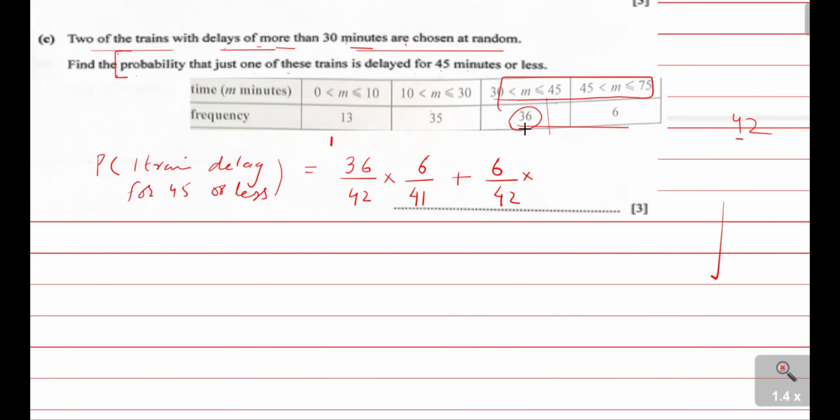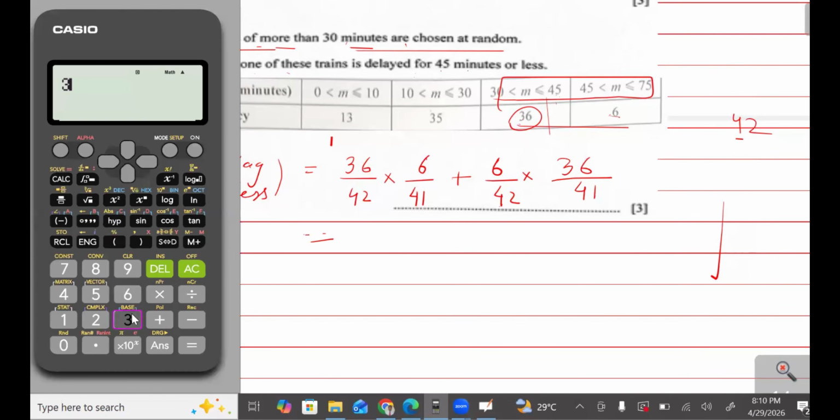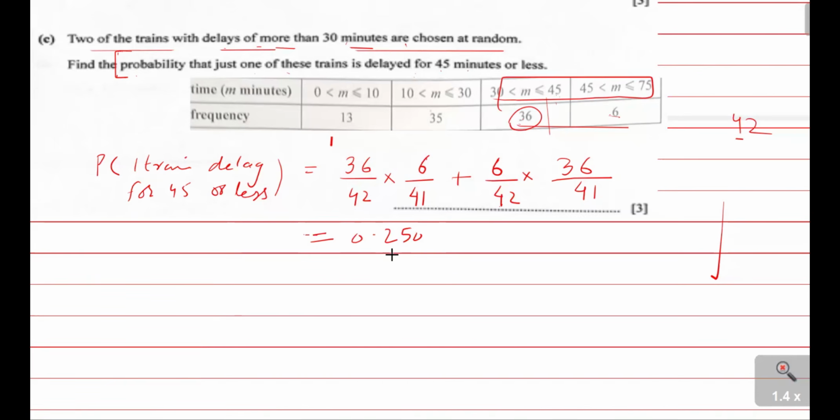Here there are 36 trains out of total 42, but one of the trains is selected, therefore we write 41. And we can calculate this value: 36 times 6 divided by 42 divided by 41 multiplied by 2, and this will be equal to 0.250. This is the probability. Now we move to the next question.